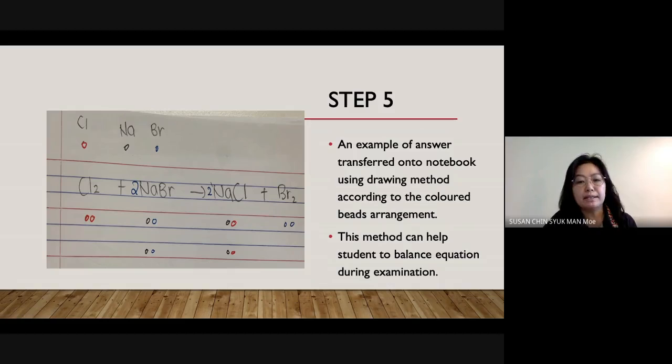Okay, another method. What if during the exam, suddenly students forget how to balance a difficult equation? They cannot bring their own bits. They cannot bring games. They cannot bring tools into the exam hall. So what they can do, they just need a piece of paper using the same concept.